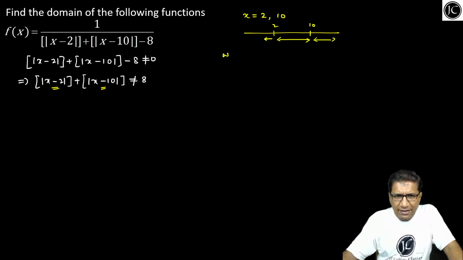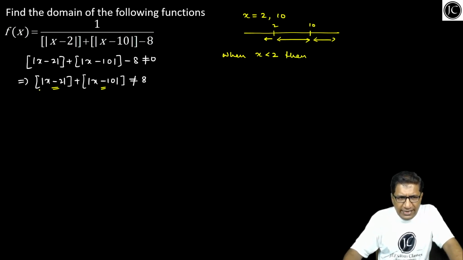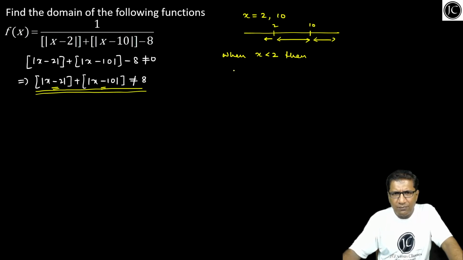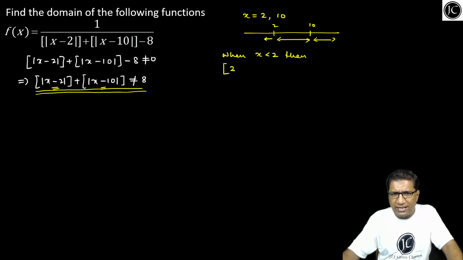So एक एक करके कर रहे हैं, when x is less than 2, ध्यान लगा के देखो बच्चों, when x is less than 2, then ये वाला जो है वो क्या बन रहा है मेरा, इसको लिख सकते हैं modulus box of mod of x minus 2. x minus 2 will be negative when x is less than 2. मतलब mod of x minus 2 को हम लोग लिख सकते हैं 2 minus x.